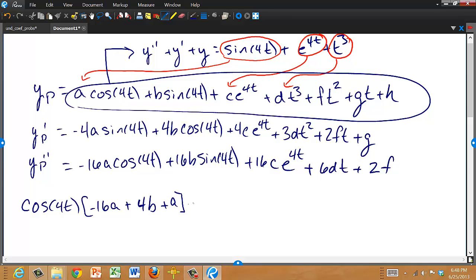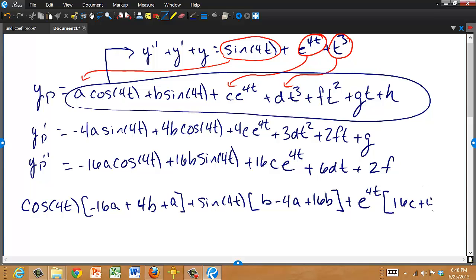I'll have a sine 4t times, try not to mind my dogs there, sorry, I'll have b minus 4a plus 16b. I'll have an e to the 4t term times 16c plus 4c plus c.